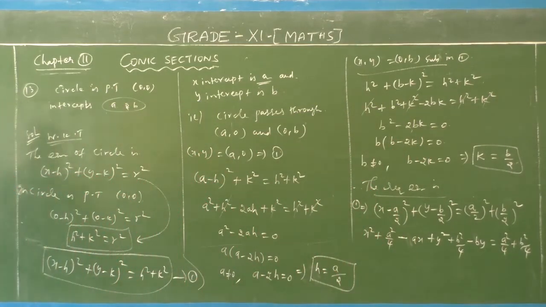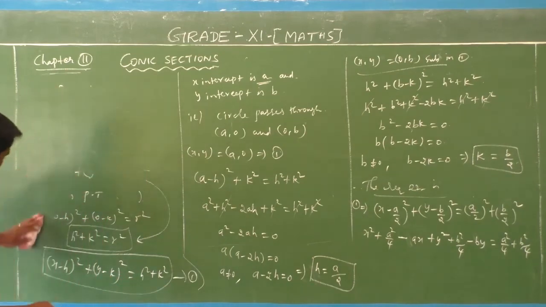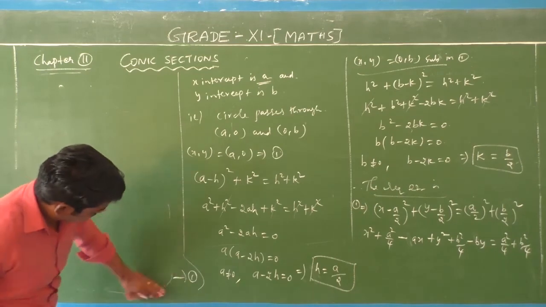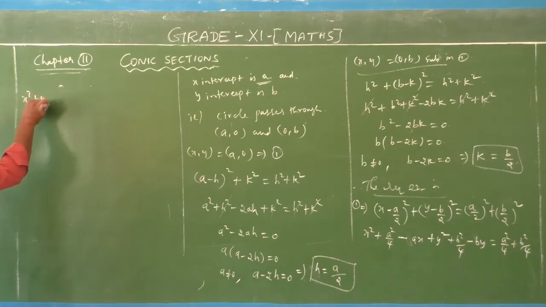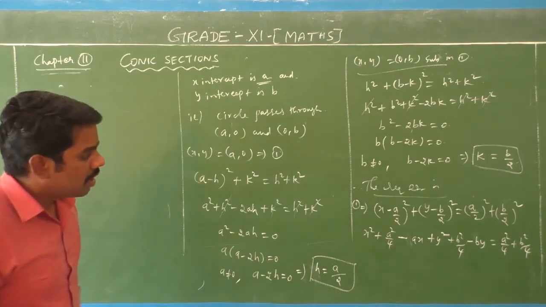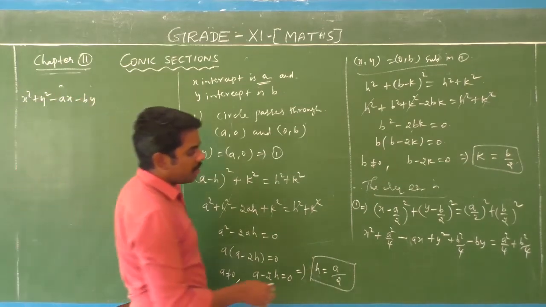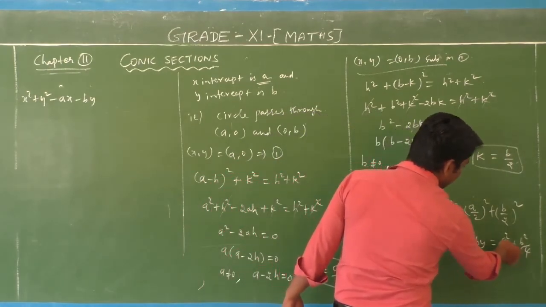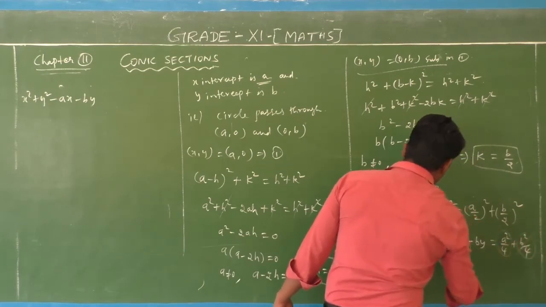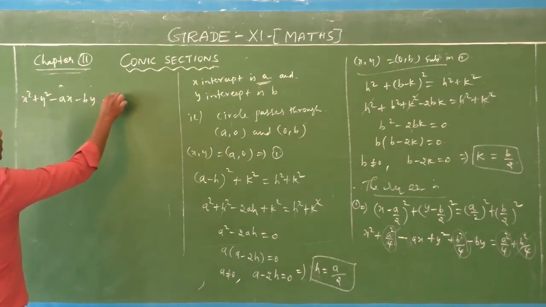So x square plus y square minus ax minus by, and the constants a square by 4 and b square by 4 on the left cancel with a square by 4 and b square by 4 on the right. Remaining x square plus y square minus ax minus by equal to 0.